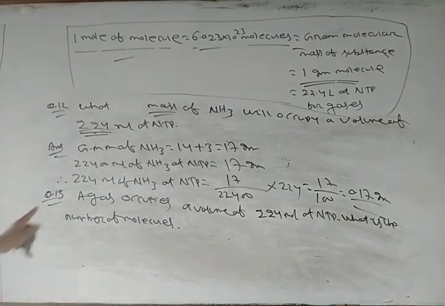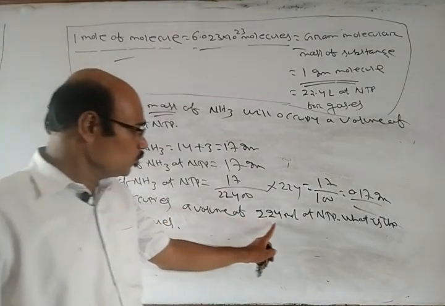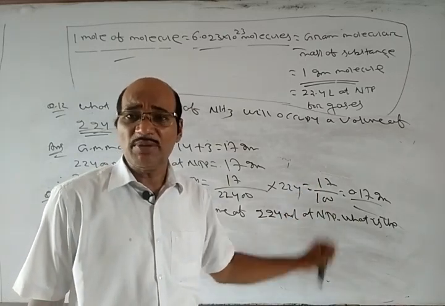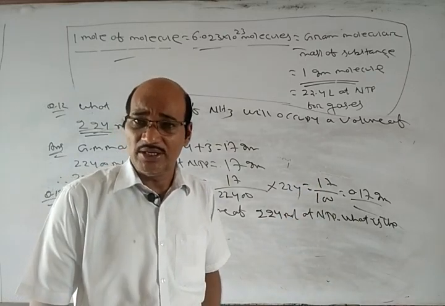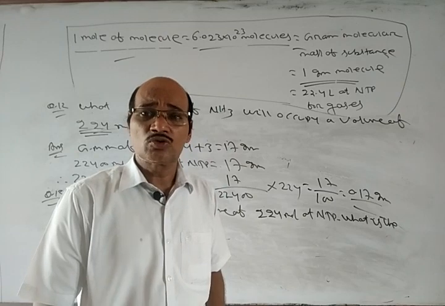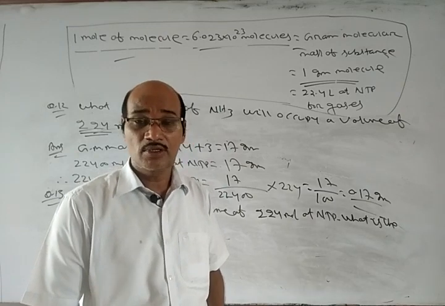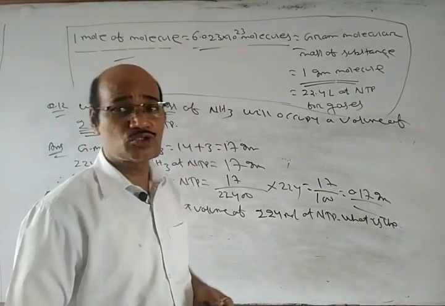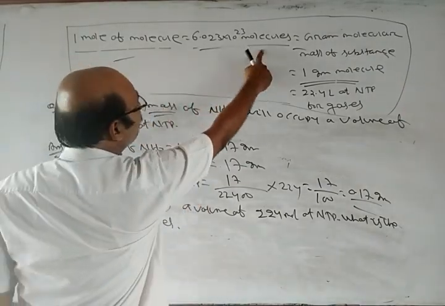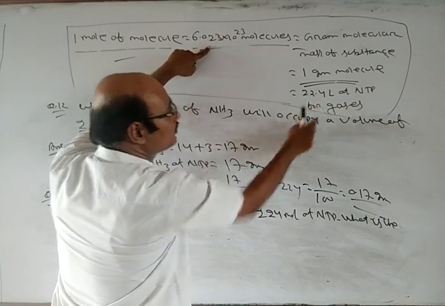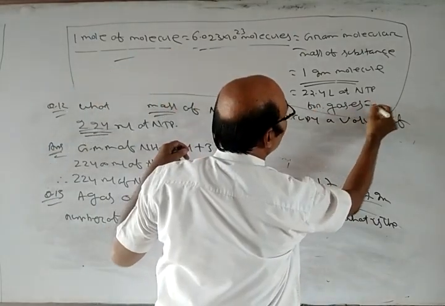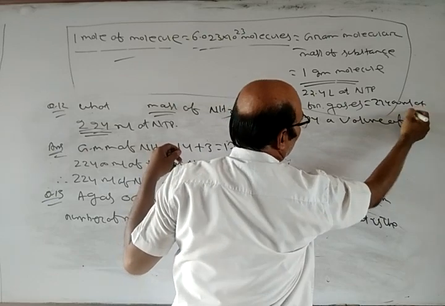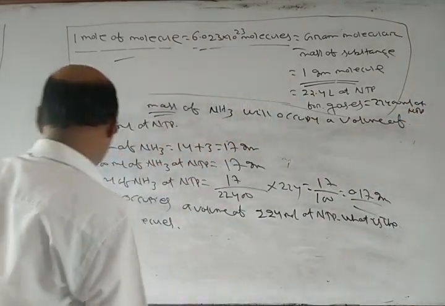Okay, a gas occupies a volume of 224 ml at NTP. We know the gram molecular mass of every gas at NTP occupies a volume of 22,400 milliliter, and the gram molecular mass is equal to the Avogadro number of molecules. So this much of molecules occupies a volume of 22400 ml at NTP.